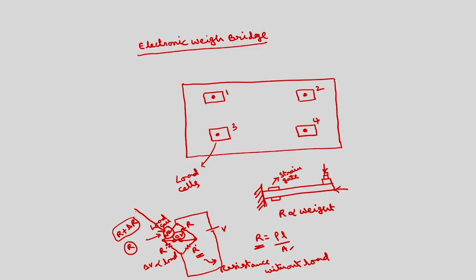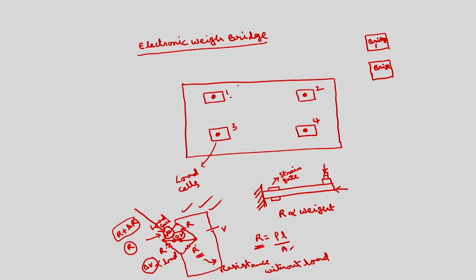In the case of this electronic weighing machine, we will be having 4 such loads, so we will be having 4 such bridges. This is one bridge, this is one bridge. Inside each bridge we will be having this circuitry.